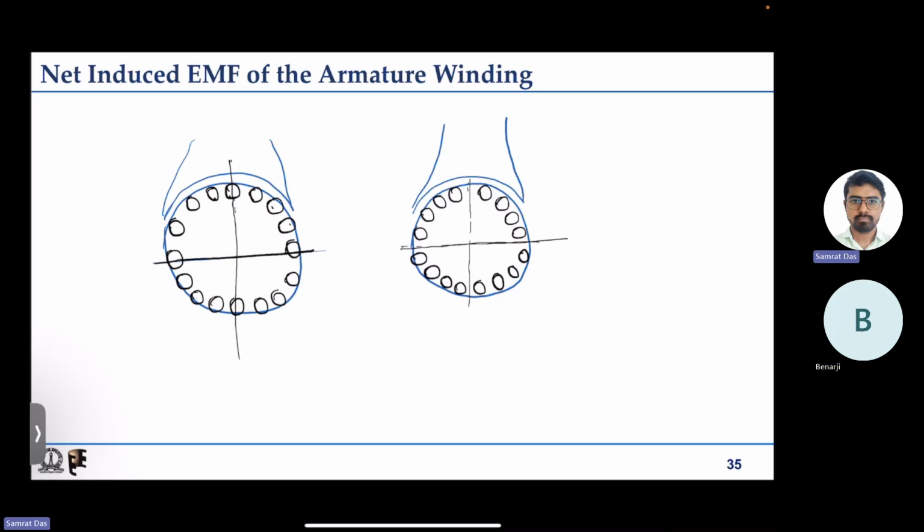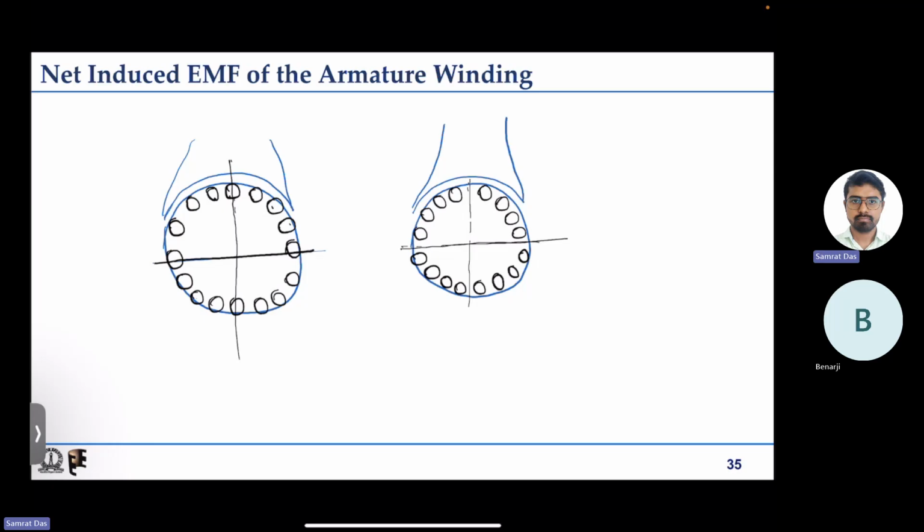On the right hand side picture, how many coils are coming in series? 8. So for the case where commutation is happening, 7 coils are coming in series. Where commutation is not happening, 8 coils are coming in series.